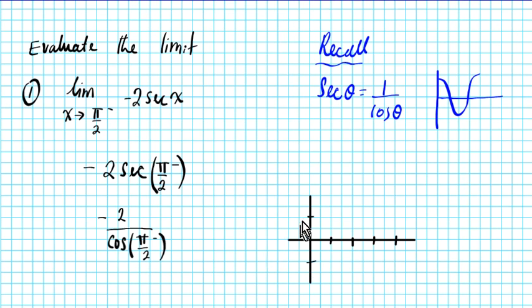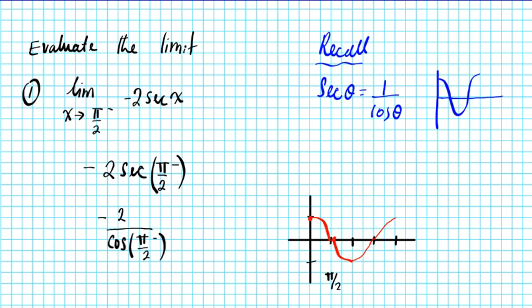So cosine will be starting from the maximum, so it goes like this through there, and then like that. So that's basically what a cosine function looks like. Now we're approaching pi over 2, so this right here is pi over 2.